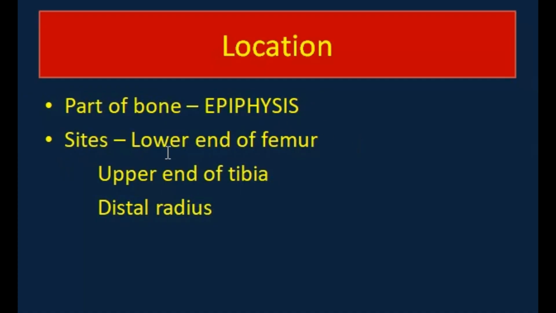And if we talk about the bones that are involved, it most commonly occurs in the lower end of femur, upper end of tibia, and the distal radius. So lower end of femur, upper end of tibia, which are your corresponding bones above and below, and the distal radius. These are the three main sites, but then it can happen in other bones as well.